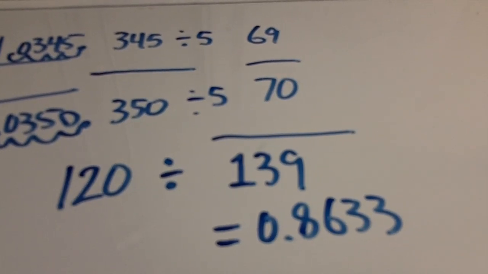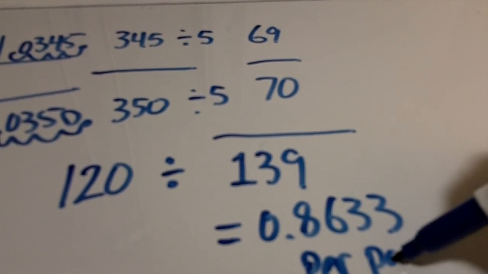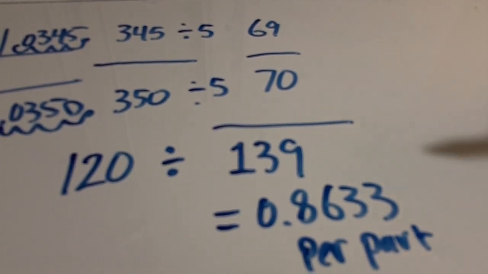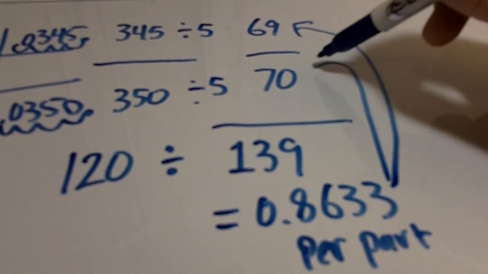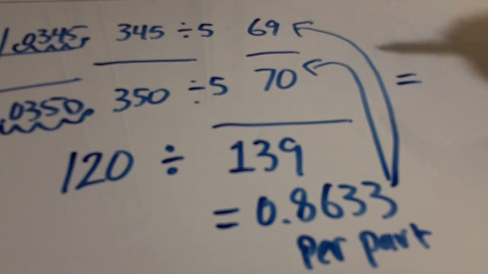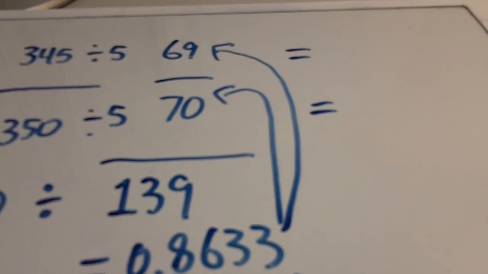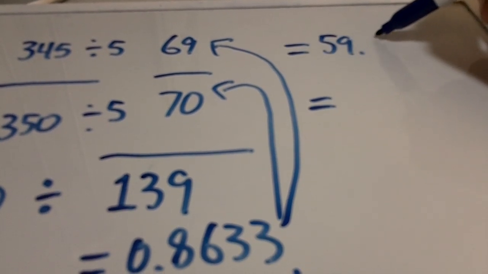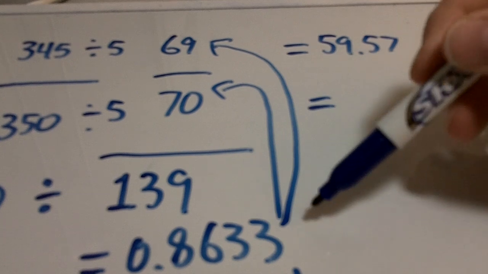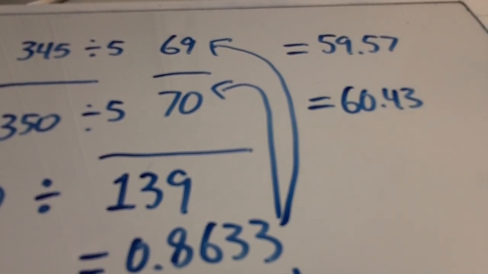That's per part, so you can take that and multiply each of these by it, and that'll give you the amount you need of each, right? When we do that, what we get up here is 59.57, and what we get doing it this way is 60.43.